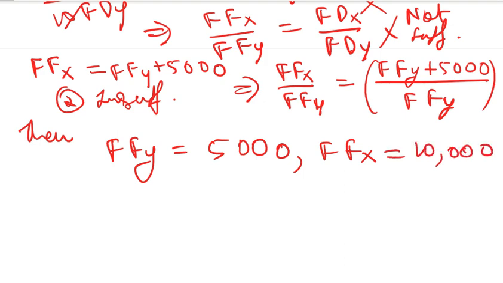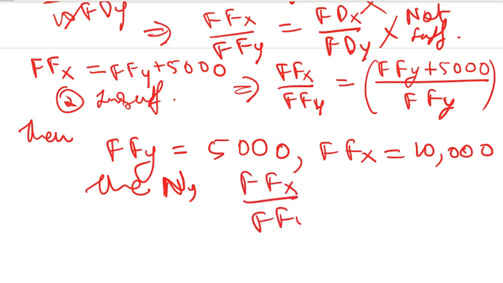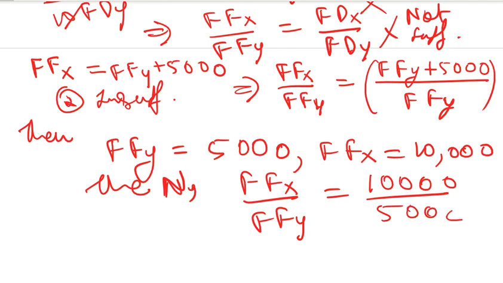Then FF of X by FF of Y is equal to 10,000 by 5,000. Cancel. So that is 2 by 1.